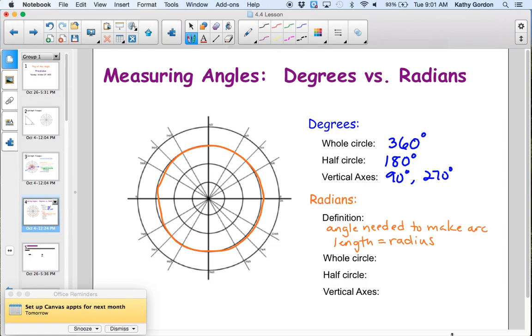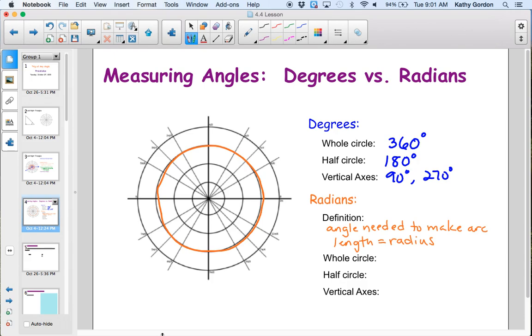So that's actually the definition of what a radian is. It's the angle that's needed in order to make the arc length on the circle be equal to the radius of your circle. And it doesn't matter what your radius is.